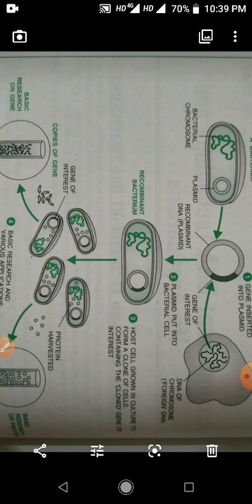That is, there is union of foreign DNA and vector DNA. So in this there is combination of DNA from two different organisms to generate a recombinant DNA, and it is also known as rDNA, and this recombinant DNA technology is known as genetic engineering.